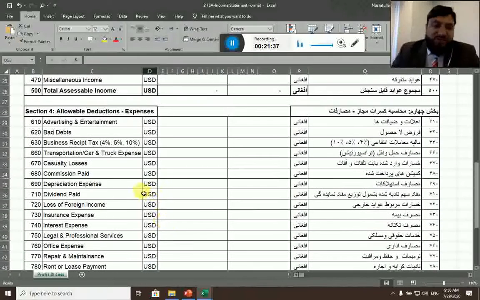Let's see how many types of expenses do we have. Each expense has its own code here.